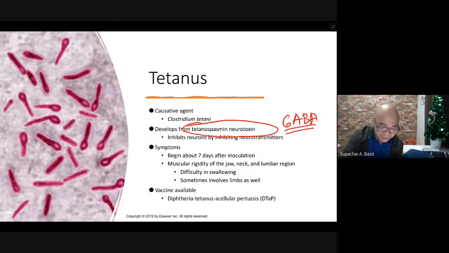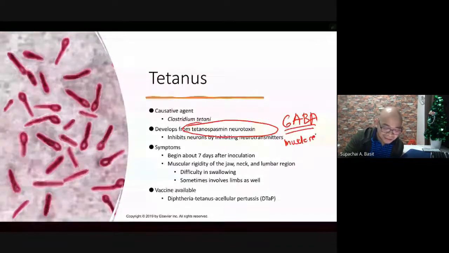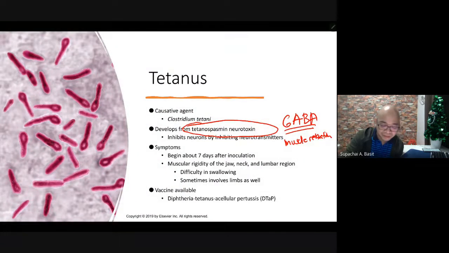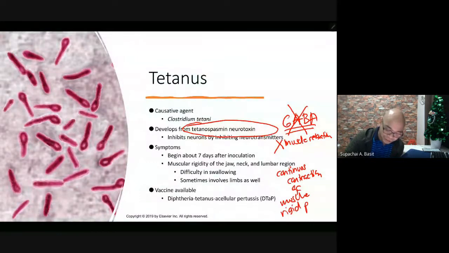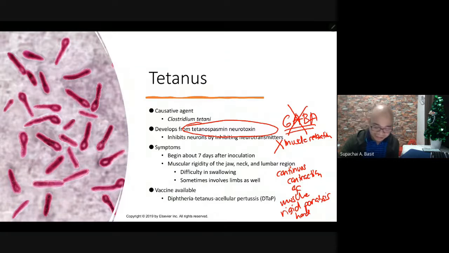And GABA is important for what? For muscle relaxation. So if GABA is inhibited, there is no muscle relaxation, and there would be continuous contraction of muscle. And this will result in rigid paralysis or yung hard paralysis. And this can result in death.